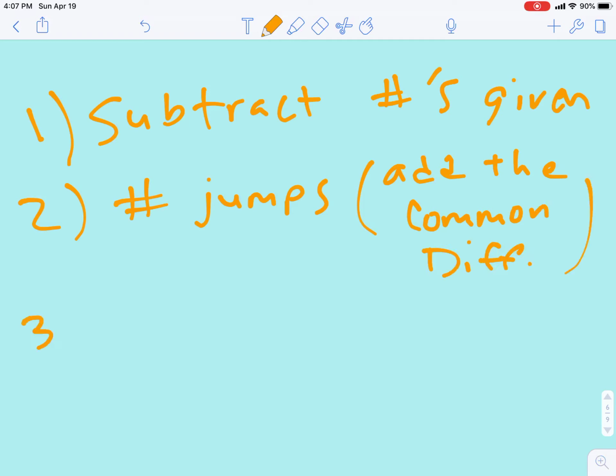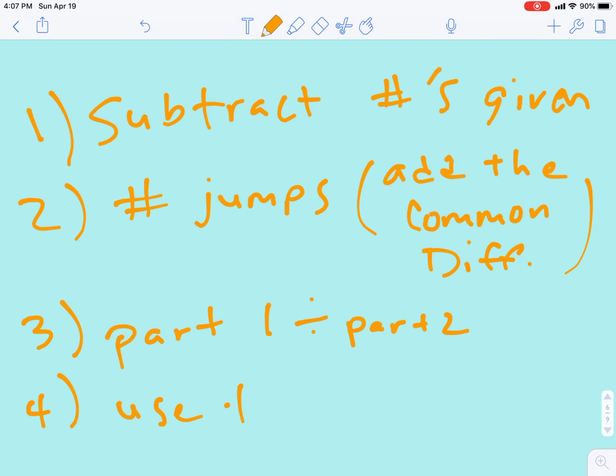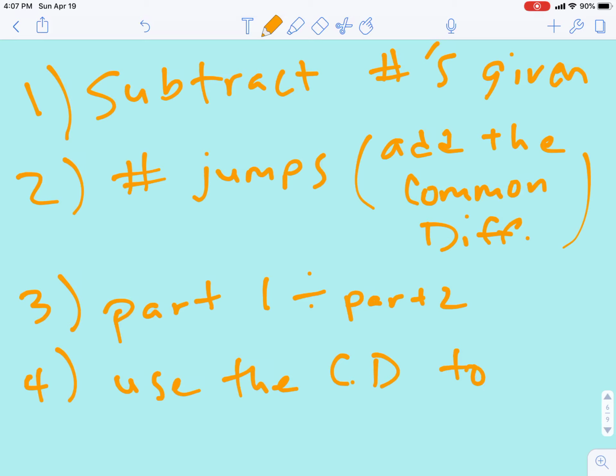Step 3 is we're going to take part 1 answer and divide it by the part 2 answer. And then step 4 is we're going to use the common difference to fill in the blanks.